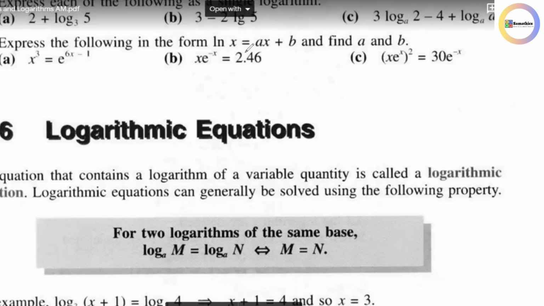We have to write this in this form, right? So we will be writing ln on both sides, right? You write in bracket because whenever it is combined, you have to write ln.